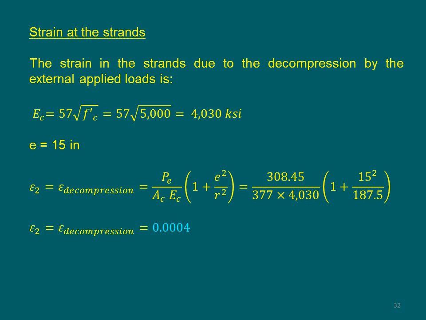This is the equation we can use to determine the amount of strain in the strands because of the applied loads on the top of the concrete. This is determined here to be 0.0004. This needs to be added to the previously calculated strain due to the applied pre-stress force.